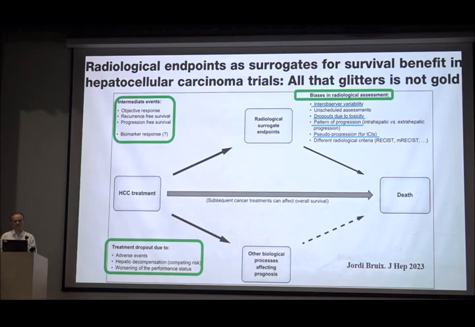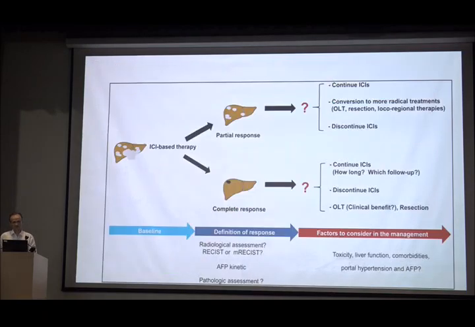So, if a patient has achieved a complete response by imaging, it may not be that this patient has eliminated the tumor completely, and these patients should be followed subsequently. For a patient who has achieved complete response, it is important to know what criteria of complete response have been defined in the study, whether it is radiological, whether it follows the mRECIST criteria, the iRECIST criteria or the RECIST 1.1 criteria, what the AFP kinetics are, whether the AFP is really decreasing or not, and whether it has been correlated with pathological assessment of the tumor or not.